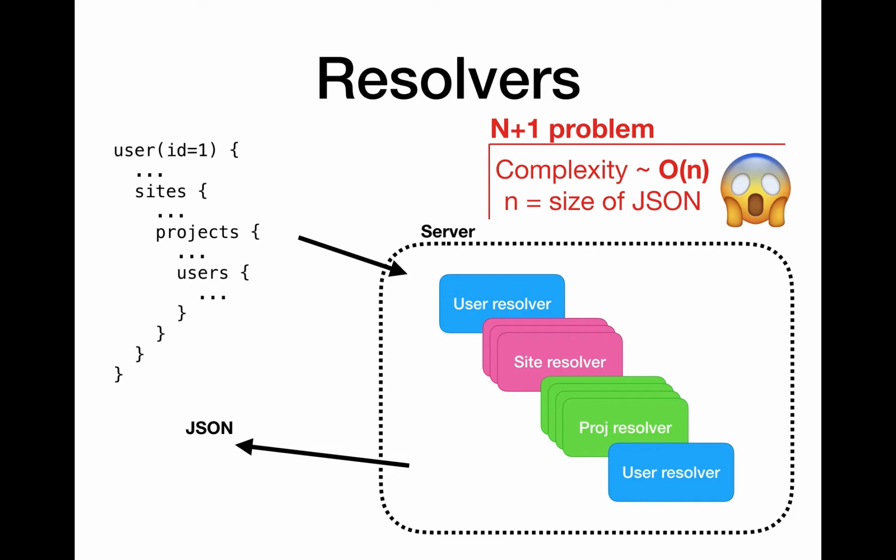The complexity is basically linear in the size of the response, which is not very nice. So just to assure you, this is the very first concern that everyone approaching GraphQL for the first time raises, and there is a solution to that. We'll see that in a minute.